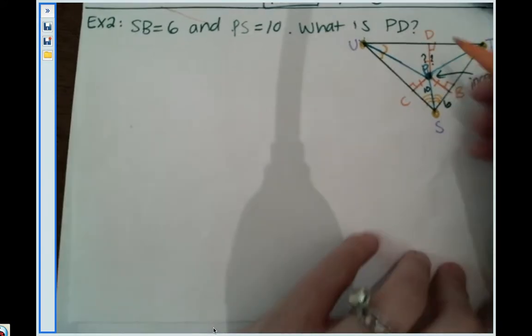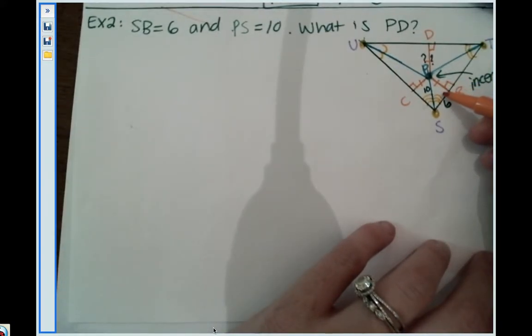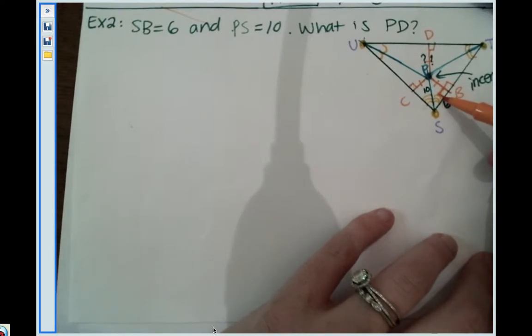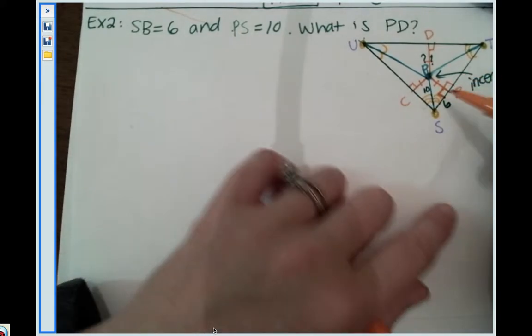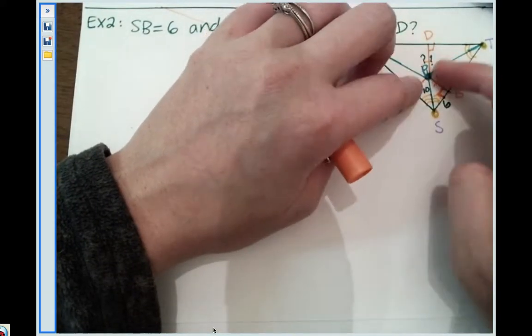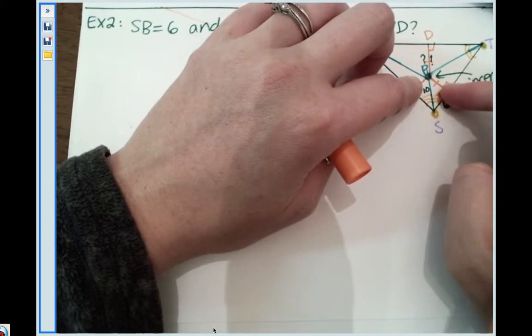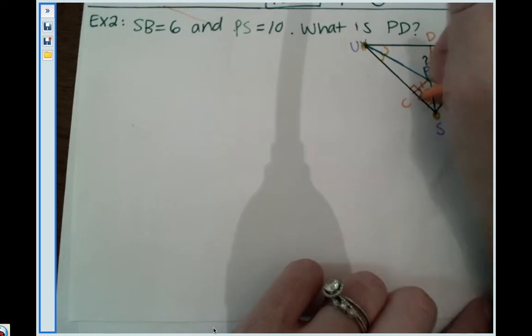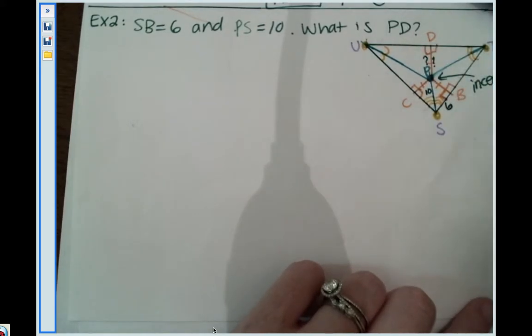Don't forget, if this is a right angle, what is the angle right beside it? It would also be 90. These two are 90 because they form a linear pair right here. This is a line, and these two angles are side by side on a line, and the angles on a line add up to 180. So these two are 90 degrees, and these two are also 90 degrees.